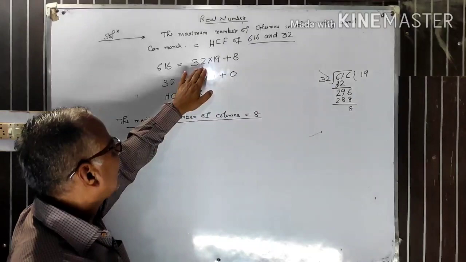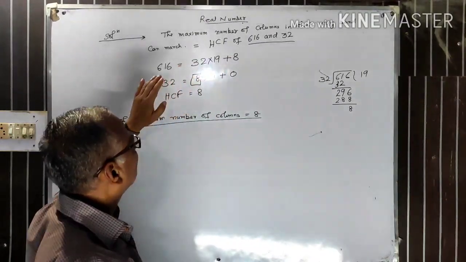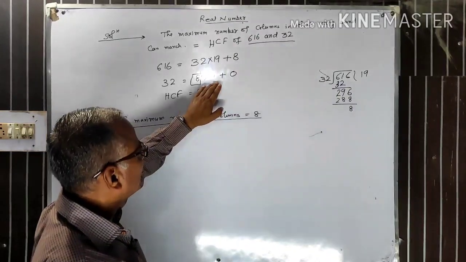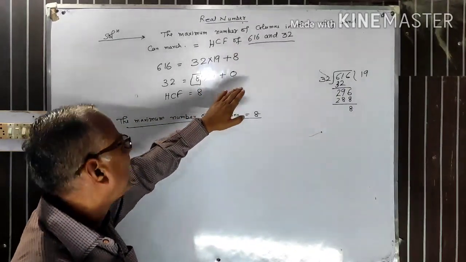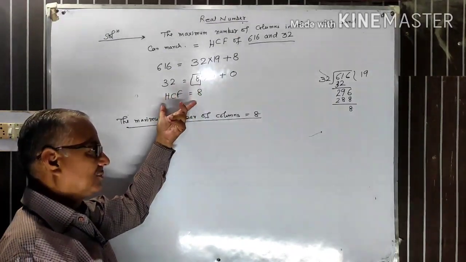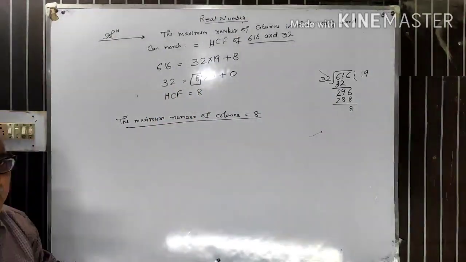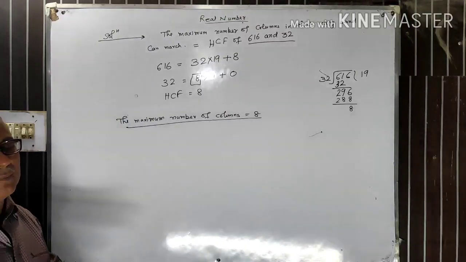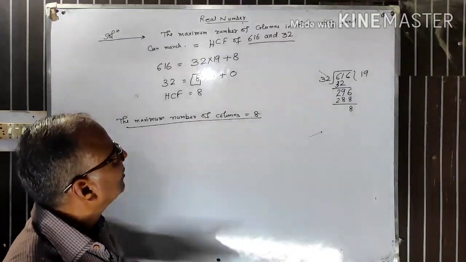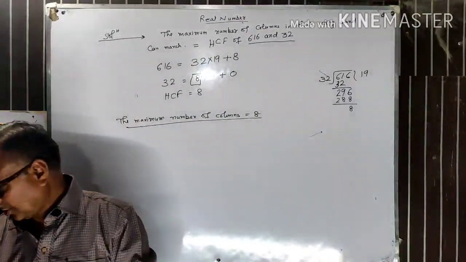Now you divide this 32 by 8. 4 is the quotient and 0 is the remainder. So this 8 is your HCF. Now the HCF comes out to be 8 and the maximum number of columns is again 8. So this is your question number 3.